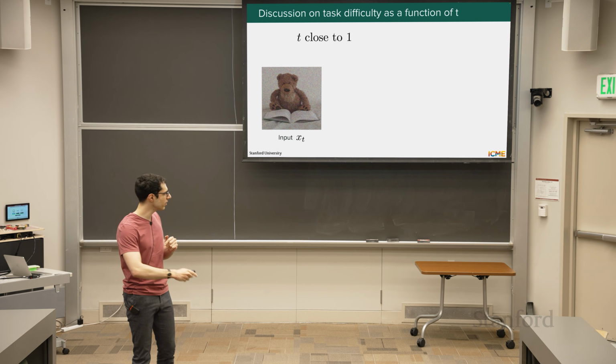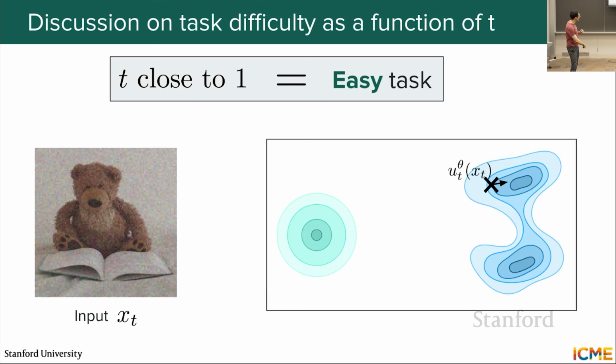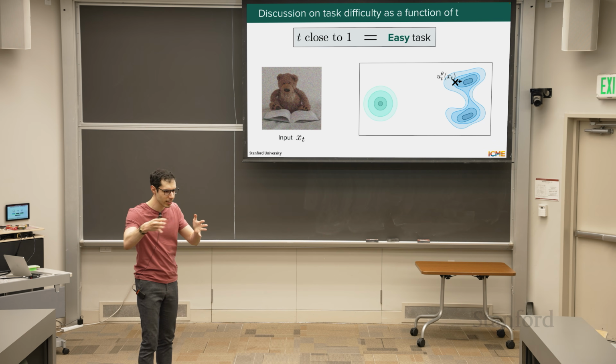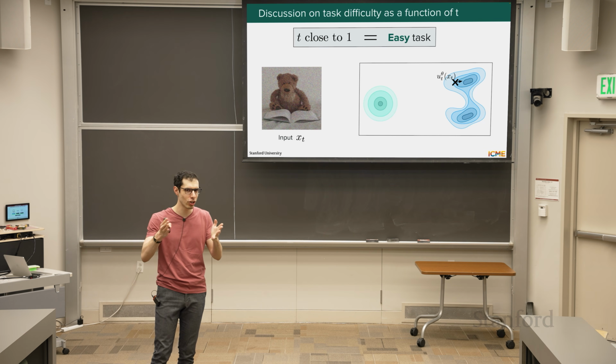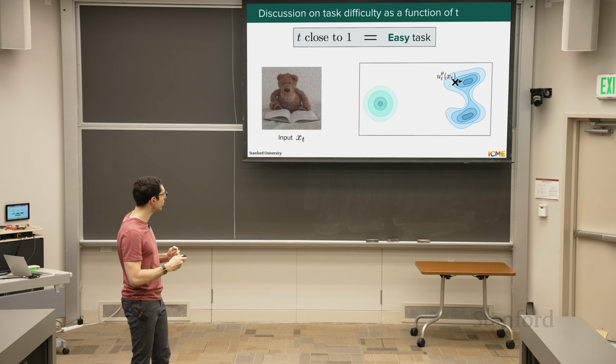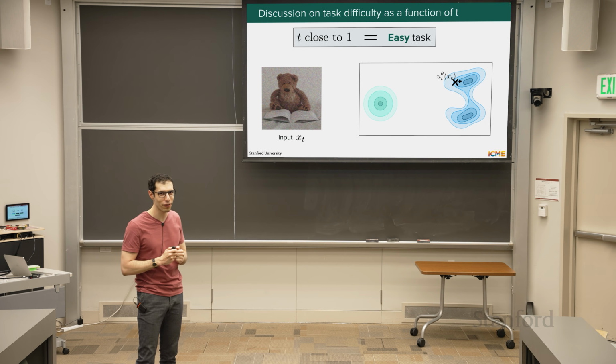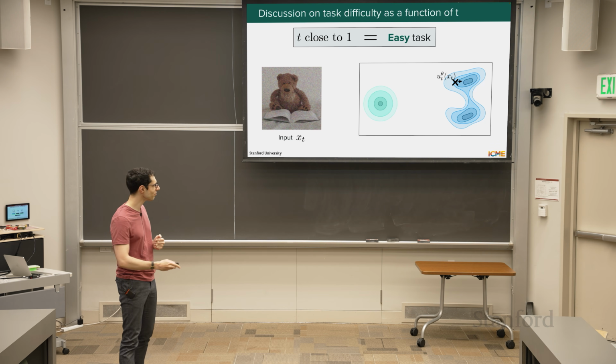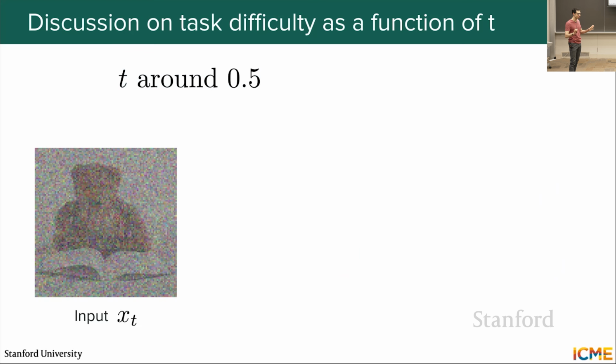And in that sense, it is actually an easy task, because you already have an image that is almost clean. On the illustration, it corresponds to your observation already being part of the target data distribution, and you just need to do a small step towards your final observation. Okay, so let's do the last one.